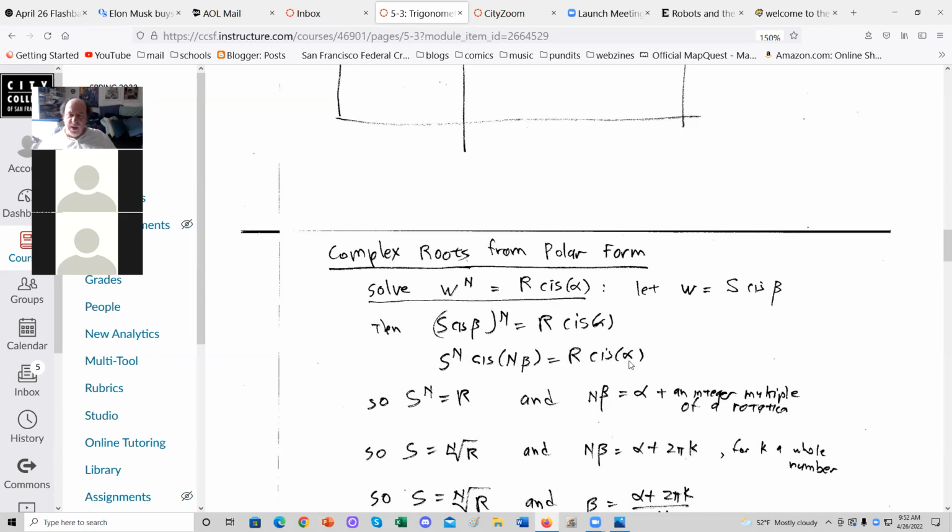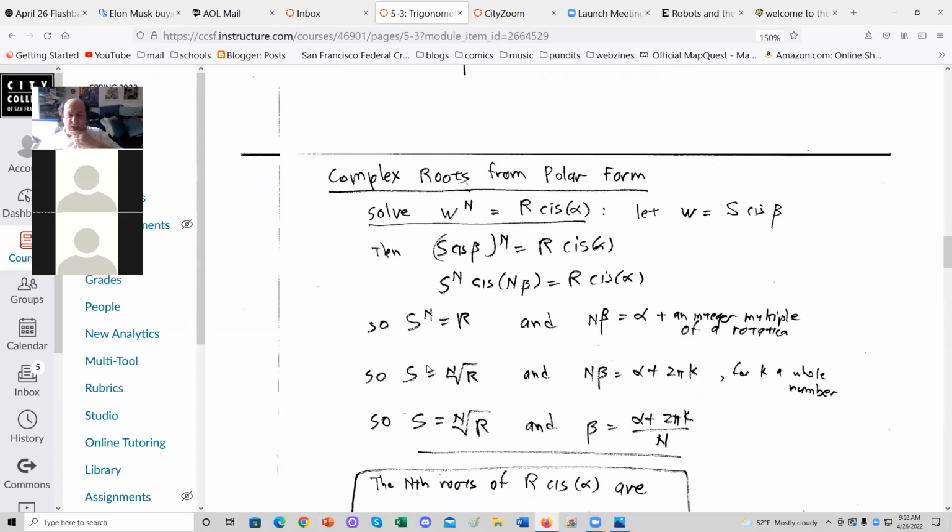So n beta has to be alpha plus an integer multiple of a rotation. Since S to the n equals R, S is the nth root of R. And n beta equals alpha plus 2 pi k for k some whole number. To solve for beta, we divide by n, and beta is alpha plus 2 pi k over n for k some whole number.